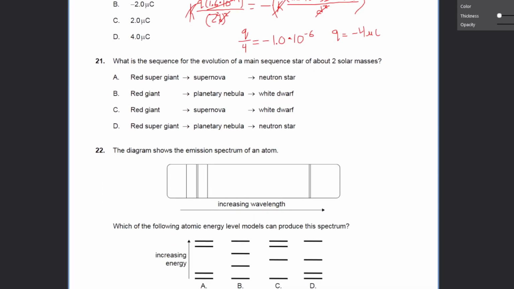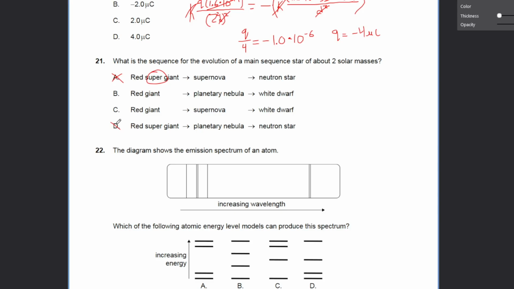Alright, question 21. What is the sequence for the evolution of a main sequence star of about 2 solar masses? Okay. So it's not A, because I see red supergiant. This entire sequence here is telling me that we're going to need a much more massive mass, about 8 solar masses, I'd say.